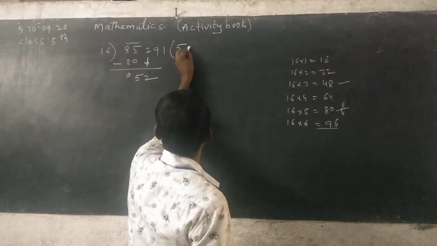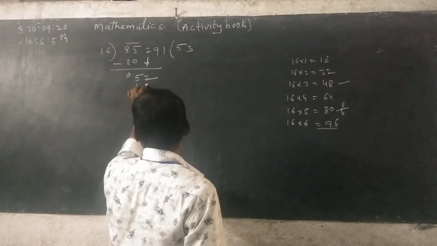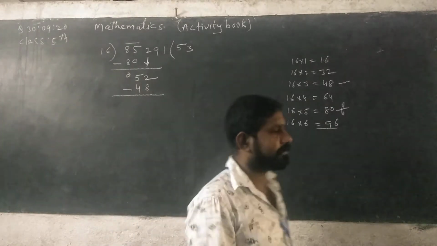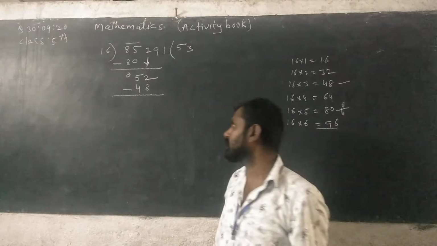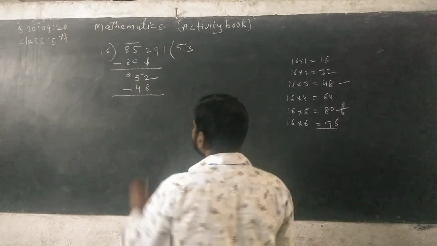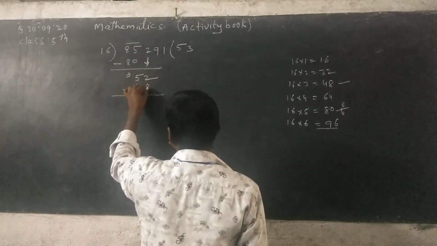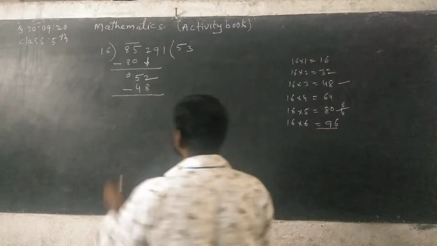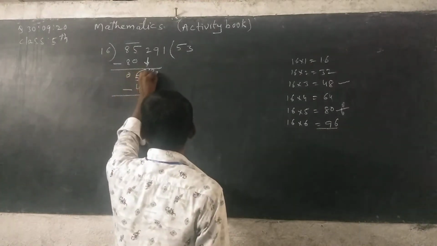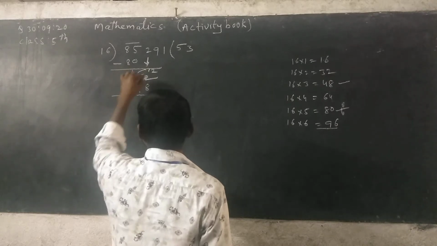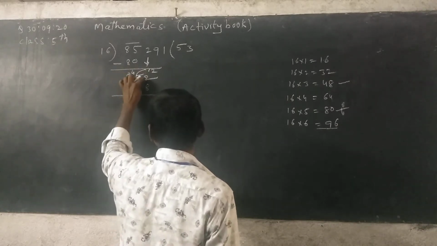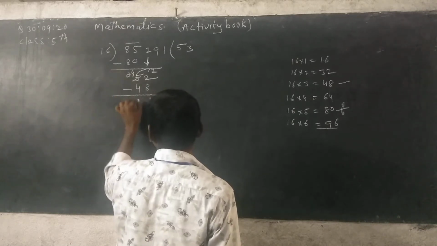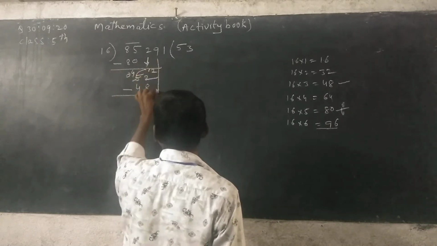Then 48 is subtracted from 52. 2 minus 8 is not possible, so we borrow from 5. It gives 10, 10 plus 2, 12. 12 minus 8 is 4. 4 minus 4, 0.